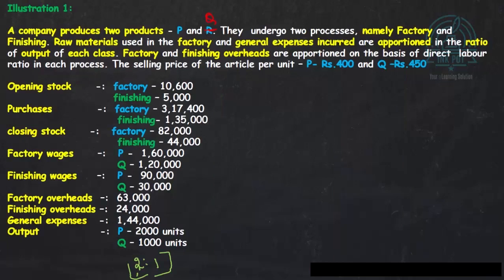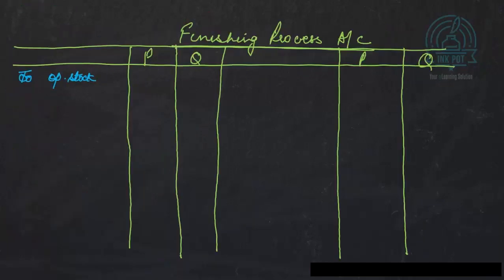5,000, 135 and 44. So it is 5,000, right, plus purchases, and purchases is 1,35,000 minus closing stock, and the closing stock is 44.